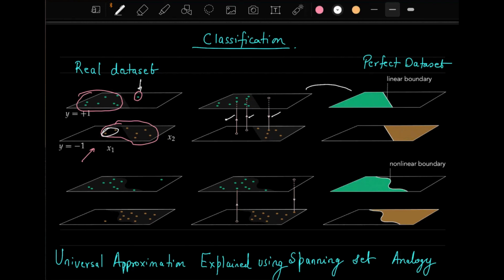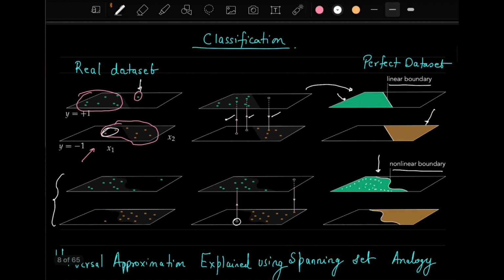Now this is the perfect data set realization, where we have numerous points, an infinite number of points, and similarly for this class. The boundary that we are forming to classify these two is a linear boundary. This example shows you the non-linear boundary which is given over here. Similarly, the noisy data set is made noise free by projecting it back onto the original data set and taking an infinitely large number of points. You are making it a continuous boundary over here. So it's an example of a non-linear boundary.